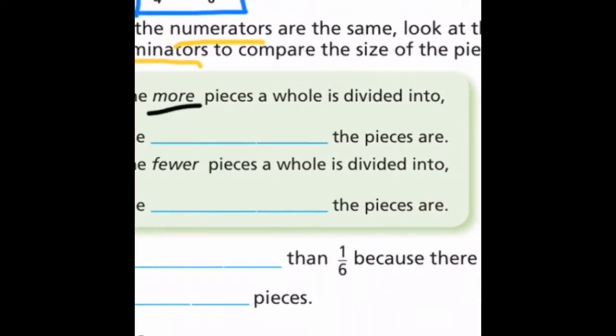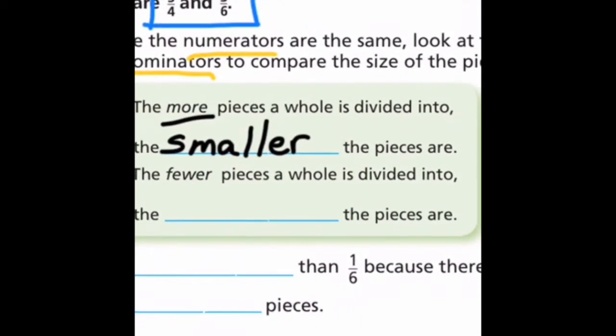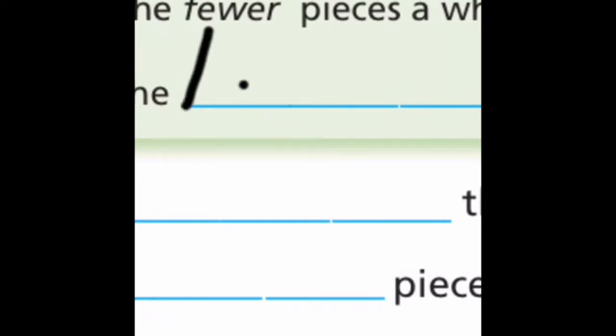The more pieces a whole is divided into, the smaller the pieces are. Smaller. S-M-A-L-L-E-R. The fewer pieces a whole is divided into, the larger the pieces are.